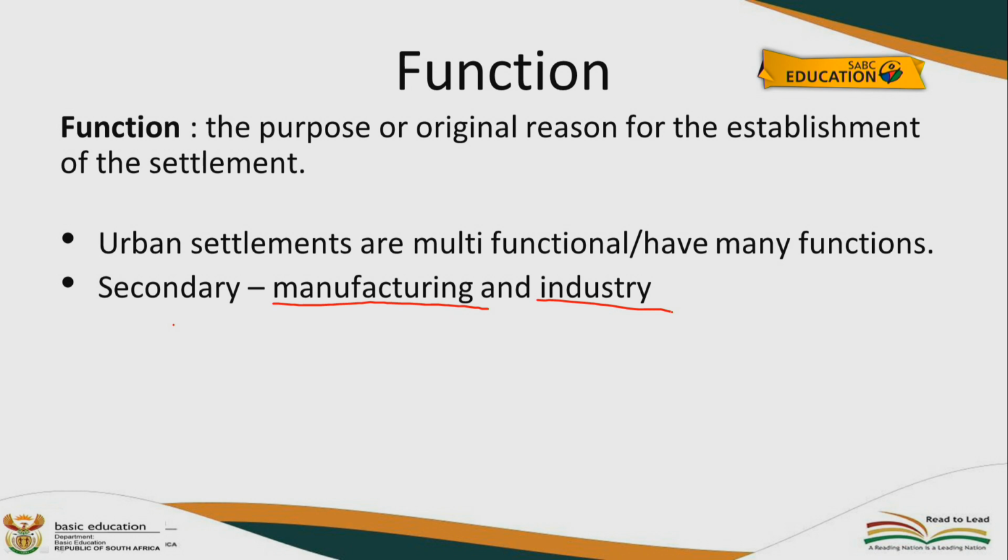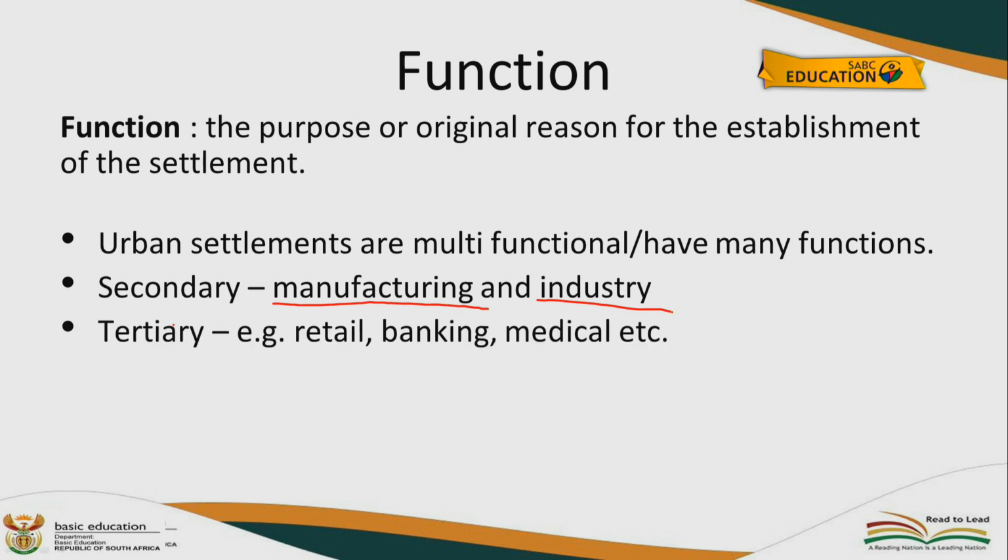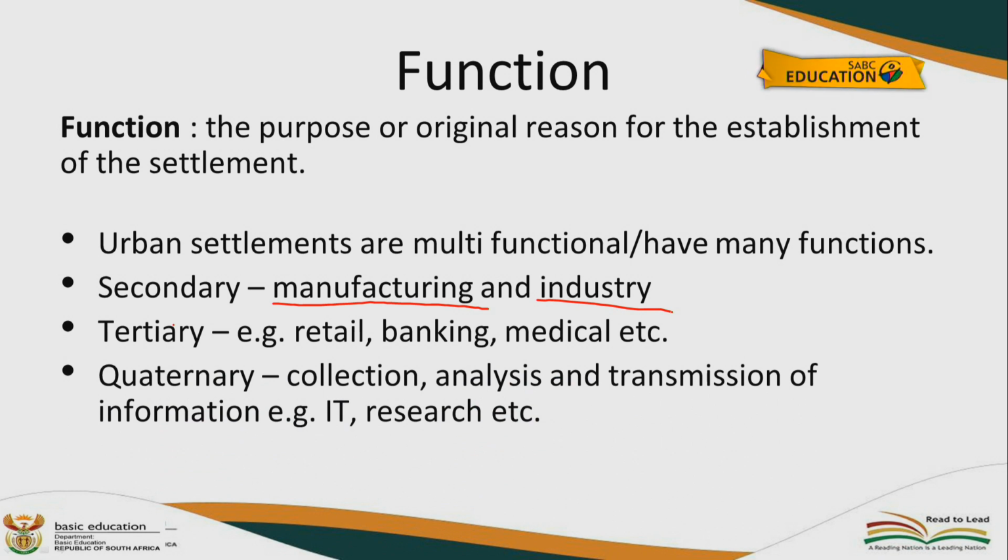Then we have the tertiary activities, where we have services like medical, banking, retail. And the last one is quaternary, where we have analysis and research. We'll talk more about these types of activities in detail when we do economic geography. Okay, let us move on to the next point.